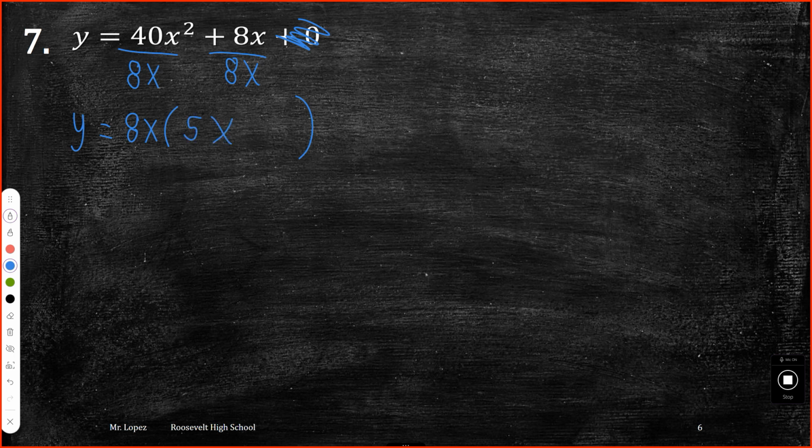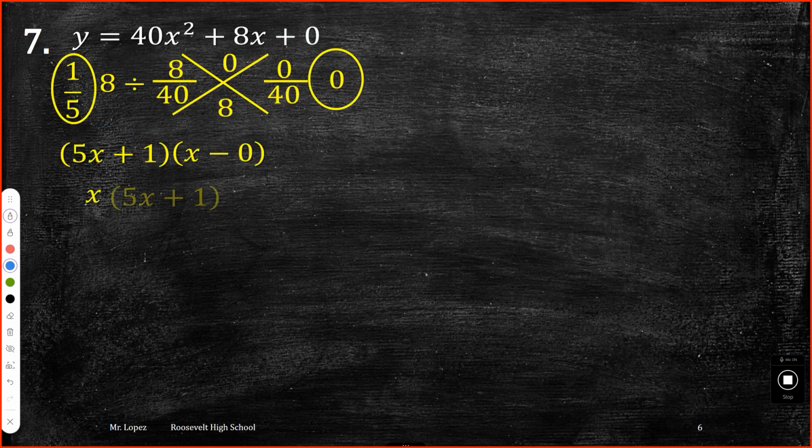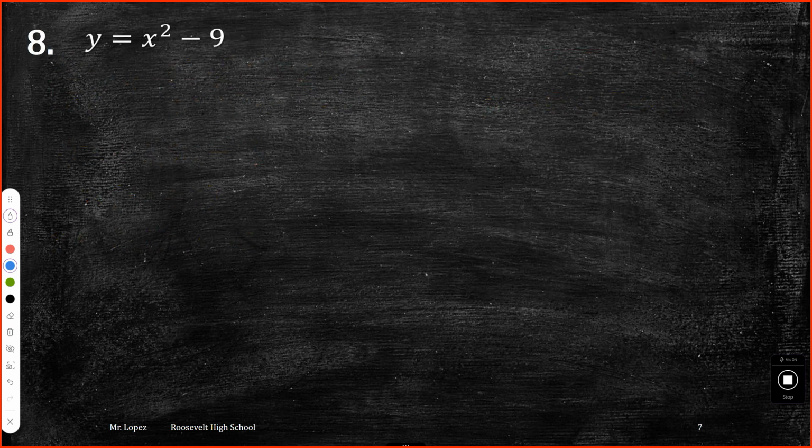And then what else? Is it plus 1? Yes? 8x divided by 8x is 1. We're not doing it that way. All right, let's go. Continue.